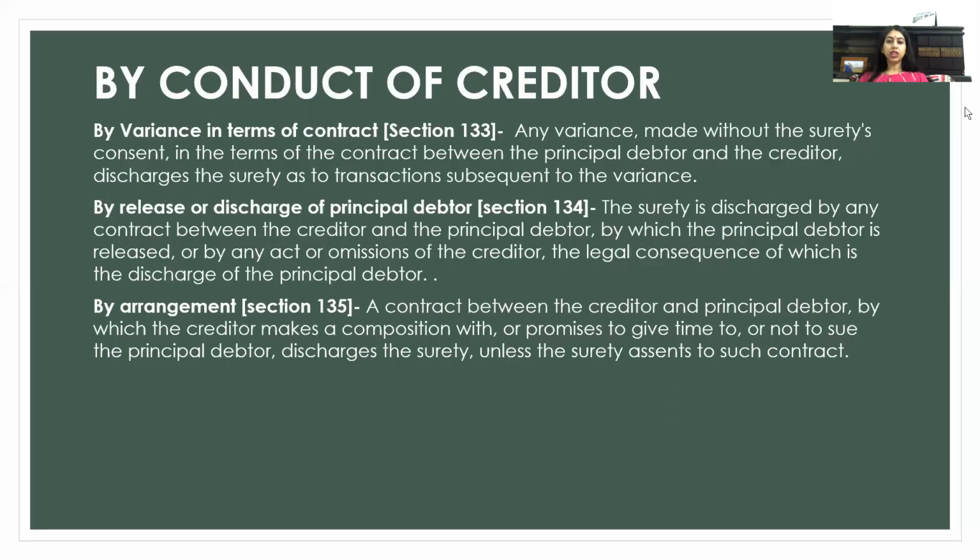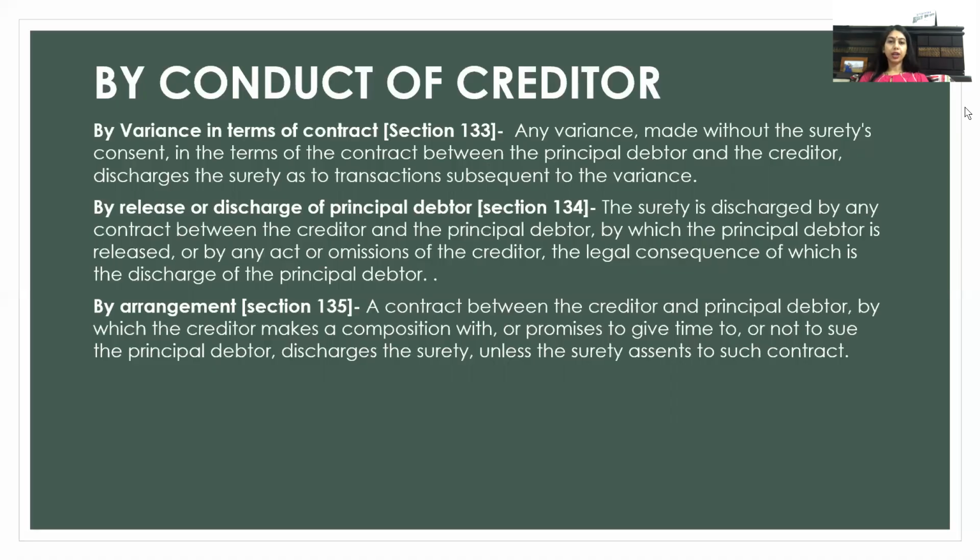By variance or changes made without the surety's consent, means changes in the terms of the contract between the principal debtor and creditor, for which the surety's consent has not been taken. If the surety's consent has not been taken, from that very moment it will discharge the surety as to transactions subsequent to the variance. Means the surety will be discharged for transactions after those changes.